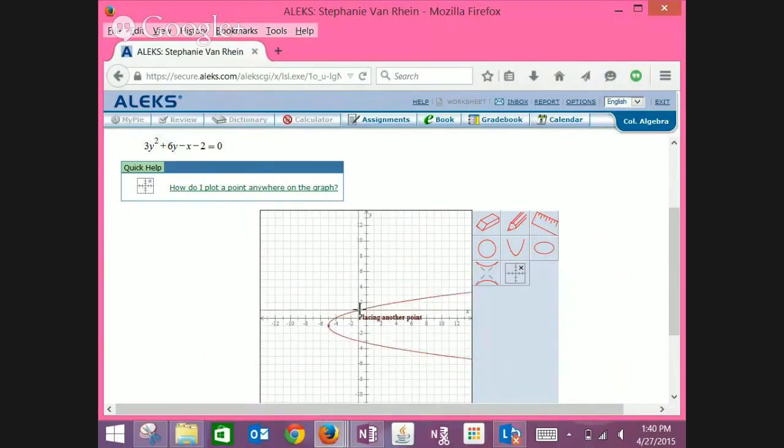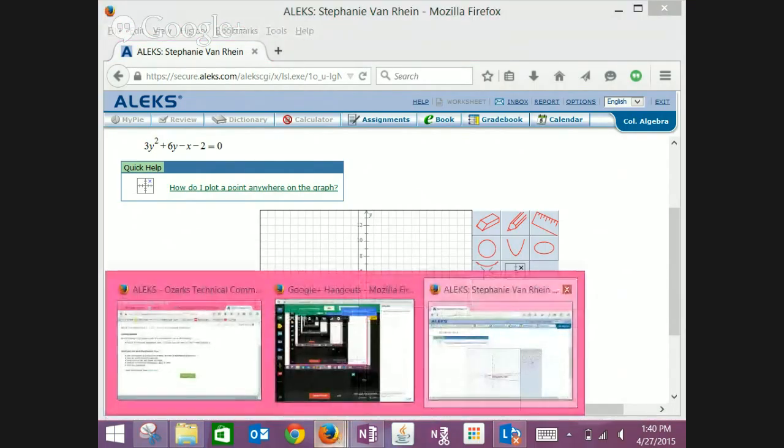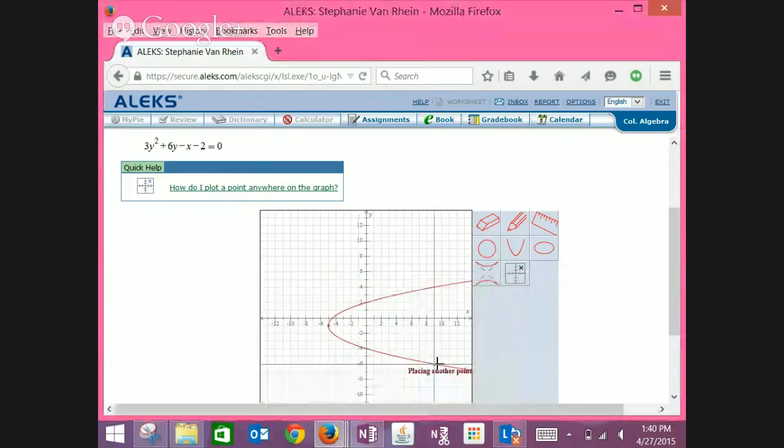So I need to place another point on the parabola. Right? So it's a little bit different than the way we would graph it because we'd find the focus. So we could find the endpoint, or we can plug in any x value and solve for the corresponding y. Or I could plug in with y equaling 0, what does x have to equal?